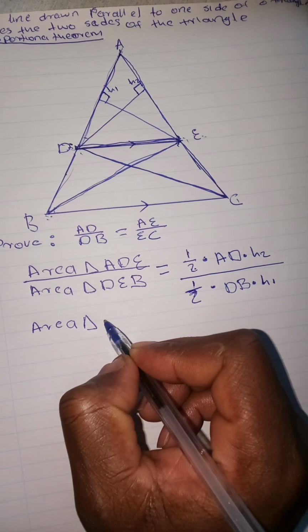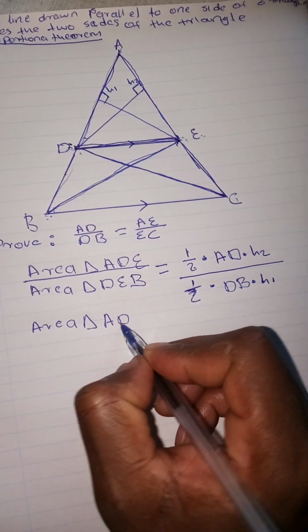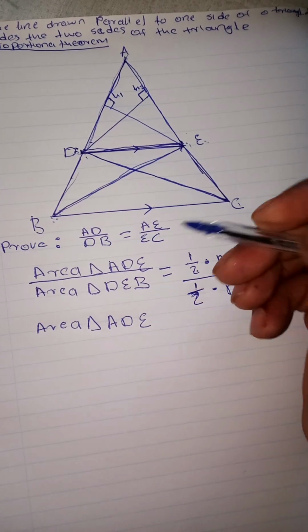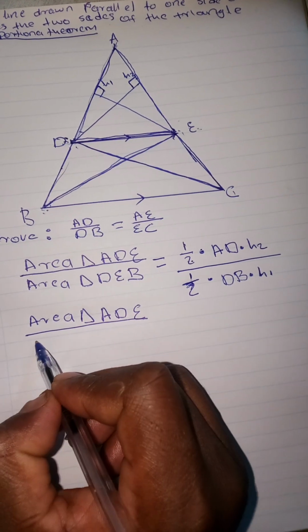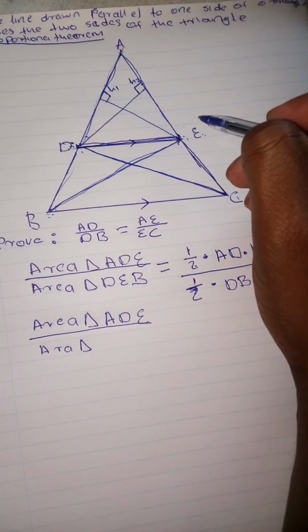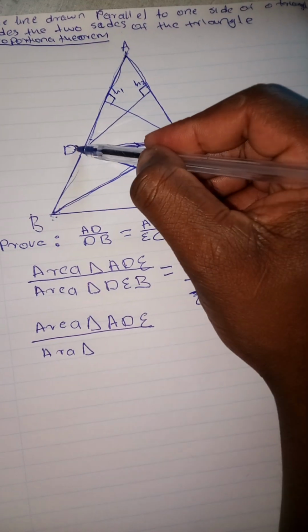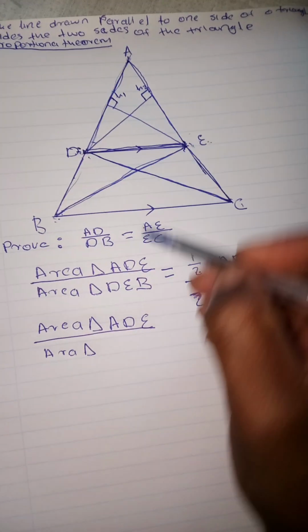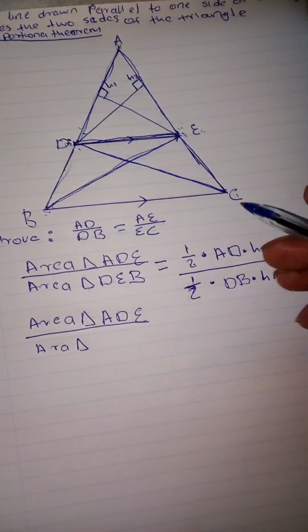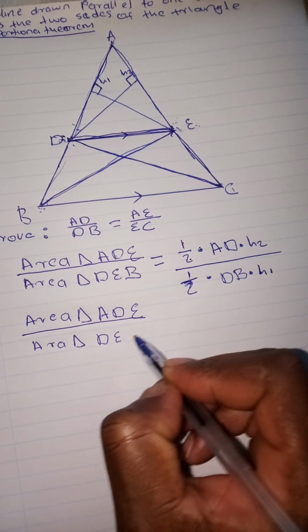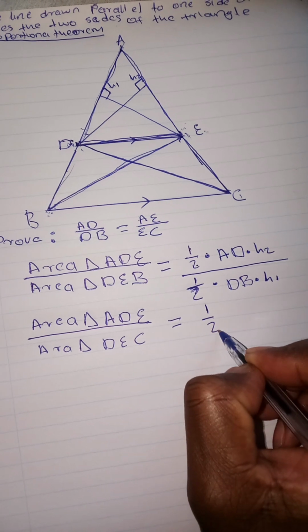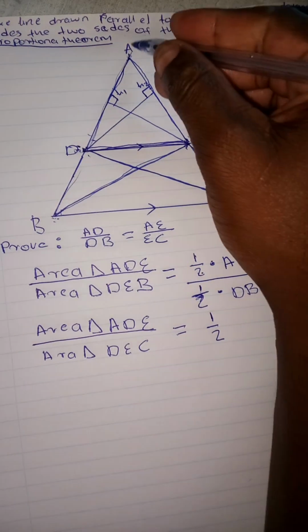Again, you continue saying the area of triangle ADE, the same area on top, over the area of a second triangle, which is DEC. The first one was DEB. Now it is DEC. It is equal to half of what? Of AE, this side.